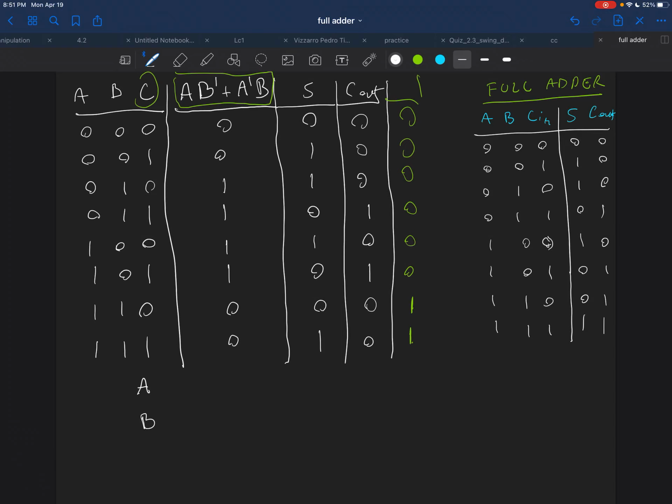To create that half adder, we input A and B into a half adder. That's what we were using here. We were already using a whole half adder, and that had an output. And then we had a C variable, and we connected it with that output of the half adder and into another half adder.